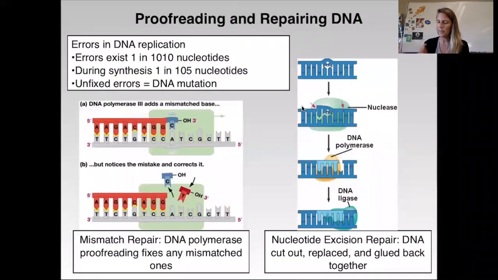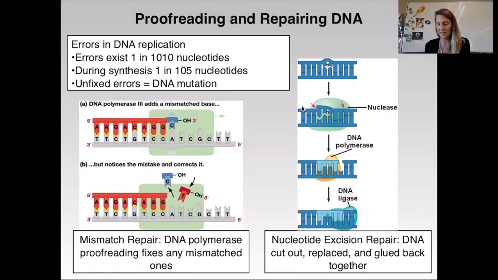All right, so a couple things. There are errors when you do DNA replication. About 1 in, I don't think that's right, I think it's about 1 in a million nucleotides, there's an error. Sorry, I'll check that number for you. Okay, when you look at DNA, there are some errors, all right?